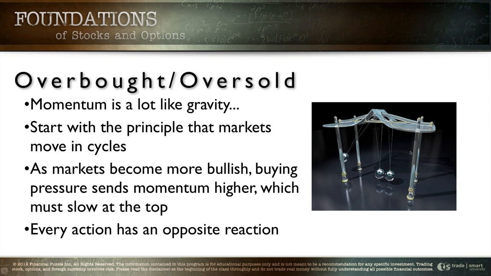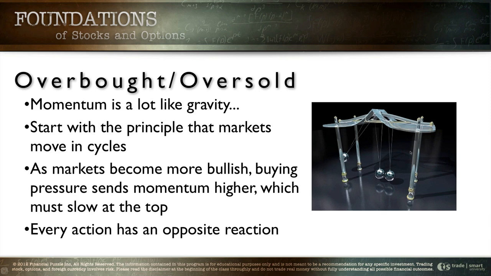Anyway, I thought this was a cool picture of one. That idea there of gravity taking over, swinging down, hitting the ball, everything stops, and then the move goes in the opposite direction, that is the idea of overbought, oversold. Just think of it this way. A stock can only go so far before gravity has to take over again, before momentum has to swing back in the opposite direction.